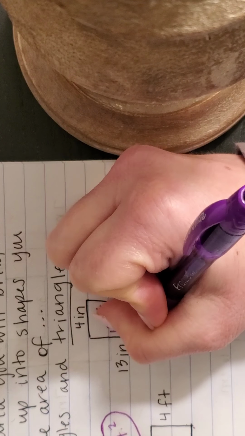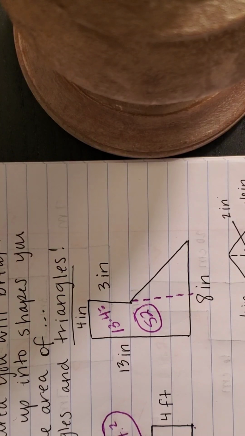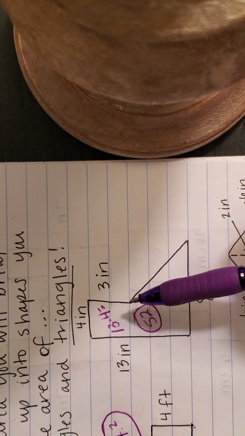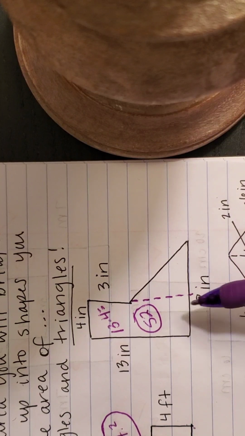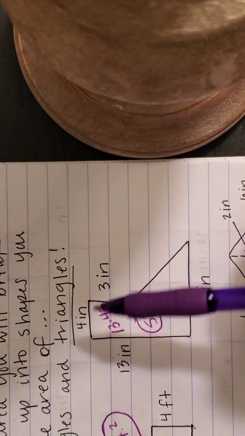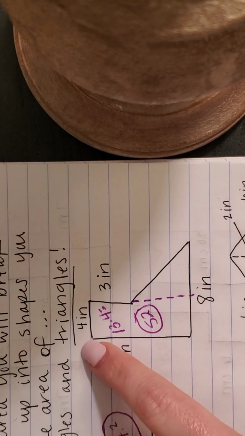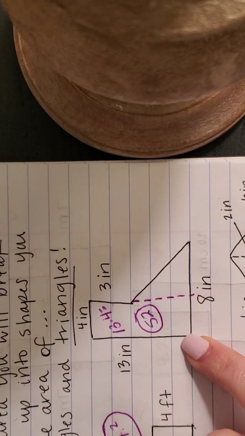Okay, all right. So now I need to figure out the dimensions of the triangle, because remember, I need a base and I need a height, and all I know is this whole piece right here is 8. So I'm going to use these other pieces to help me figure out what those pieces are for the triangle. I know this whole side of the rectangle is 13.